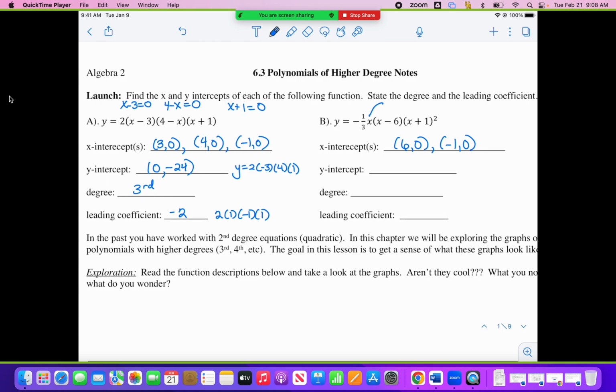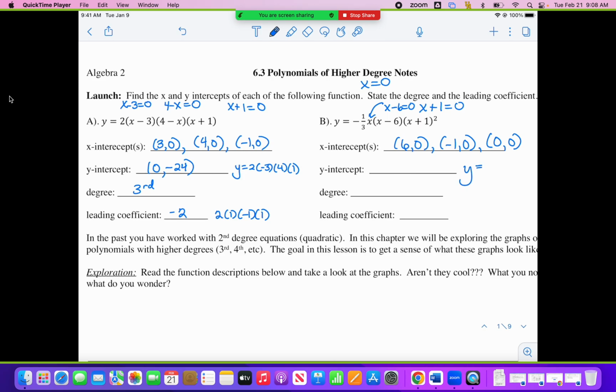Okay, but what about this x right here? So, do you understand what's been happening is you set x plus 1 equal to 0. That's where the -1 came from. And you set x minus 6 equal to 0. So guess what? You really do set x equal to 0 if it's just a factor x.